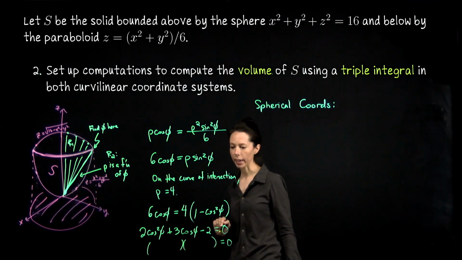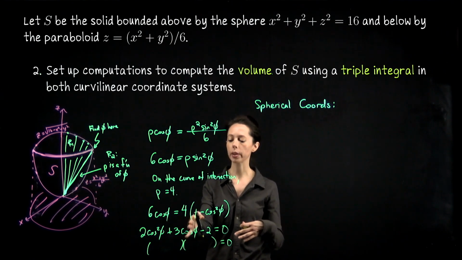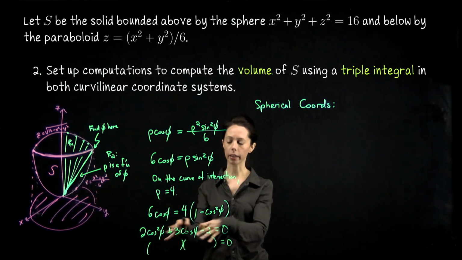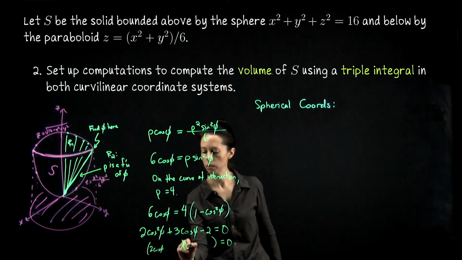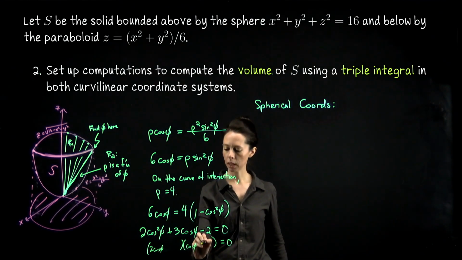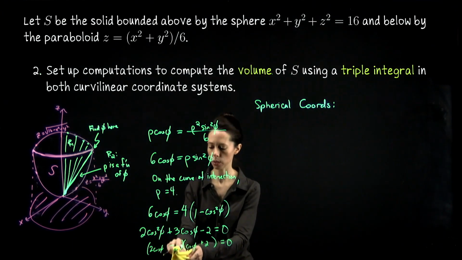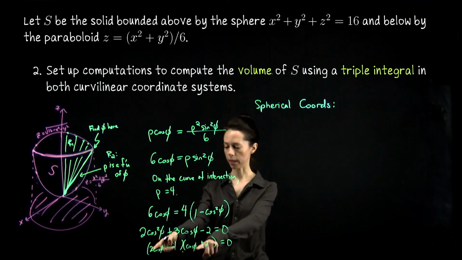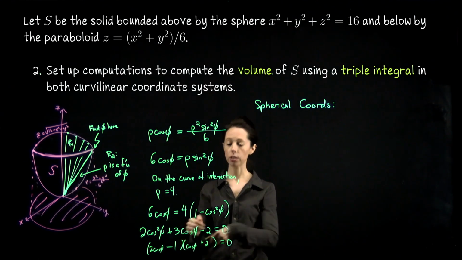So this is quadratic in cosine, which means that, like, if you think of a quadratic equation as 2x squared plus 3x minus 2, we're going to treat cosine phi exactly as we would treat x in a regular looking quadratic equation. So I'm going to have 2 cosine phi, so that gives me back the 2 cosine squared, plus 2 minus 1. Oh, I wrote minus 4, but I should have written minus 1. Okay, so that's 2 cosine squared plus 4 cosine minus cosine is 3 cosine minus 2. So actually it did factor.